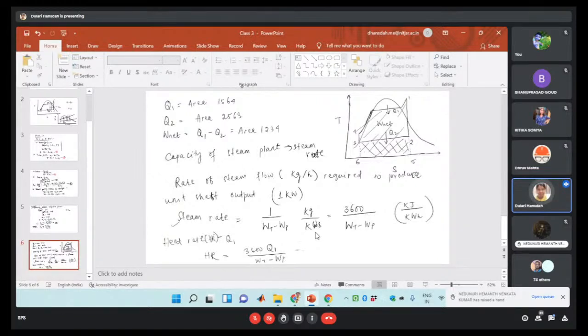It is also written as 3600 upon the cycle efficiency, eta R. The unit will be kilojoule per kilowatt hour. So this is your heat rate, and the other one is the steam rate.